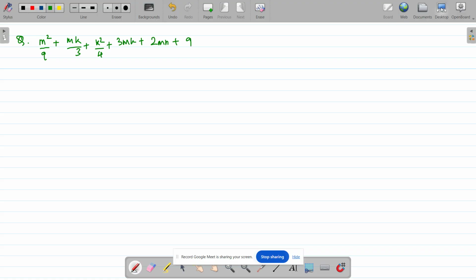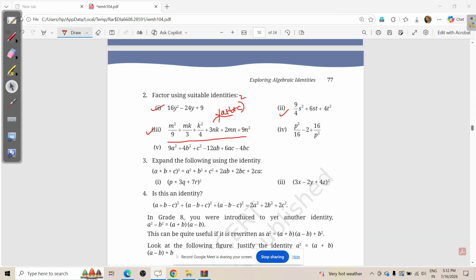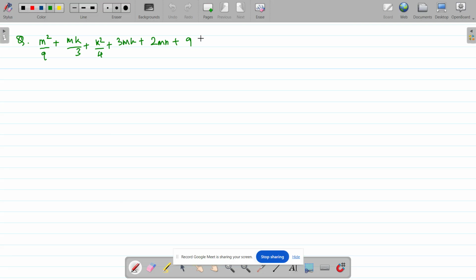What is 9k square? 9n square. Okay, 3nk, 9n square, right? And it is 3nk. 3nk. Is the question right?